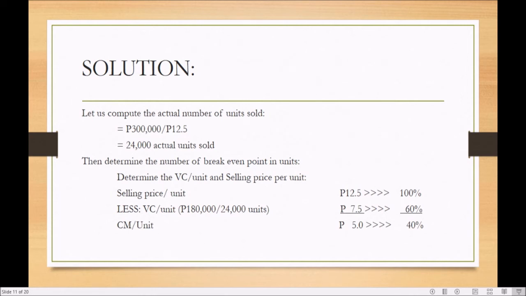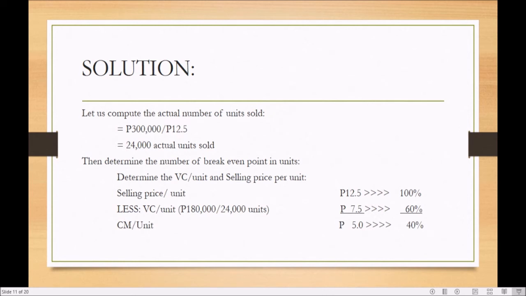But before that, let us first find the selling price per unit and the variable cost per unit. Why? Because, take note, if we are going to compute the break-even point in units, we compute it as total fixed cost over the contribution margin per unit.